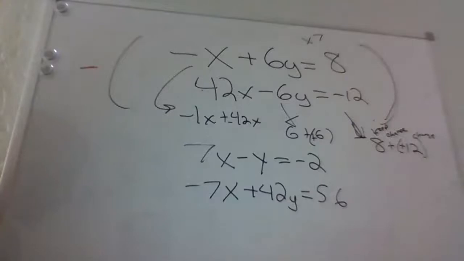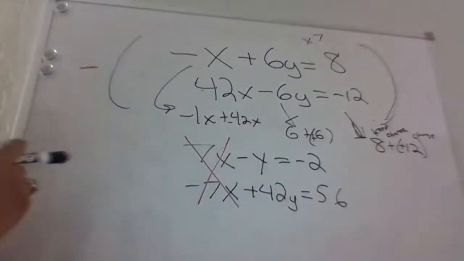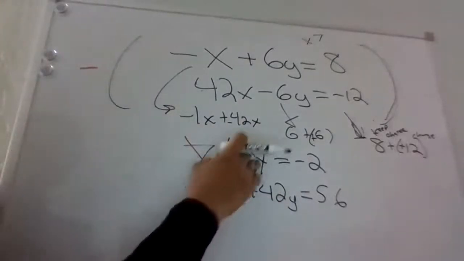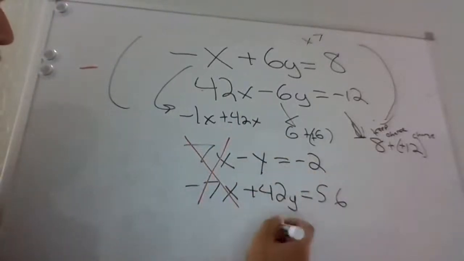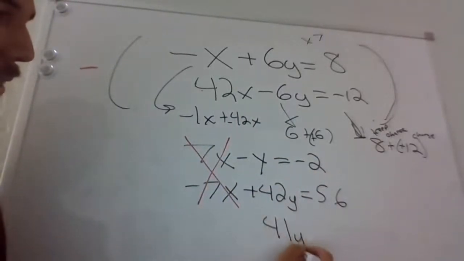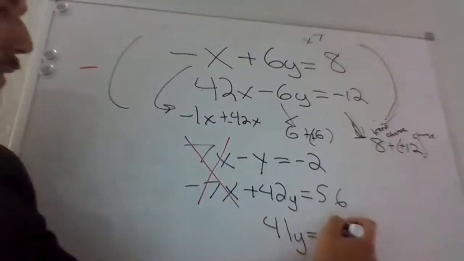So it's just going to be positive 42y. So yeah, I get rid of my 7x. -1y plus 42y gives me 41y. And then that equals 54.